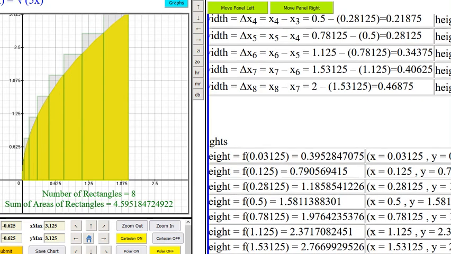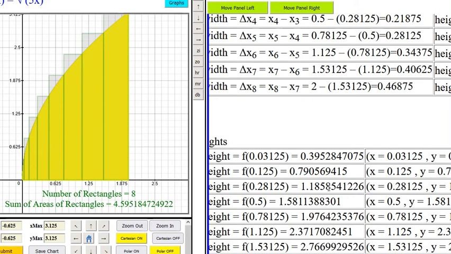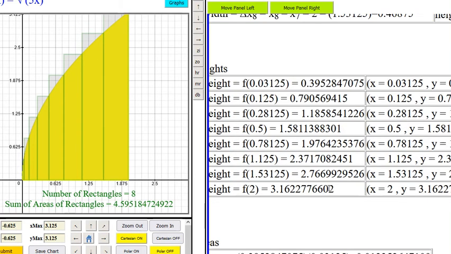And so when x is 0.28125, the height would be 1.18585, which is this number, and so on. And the heights of all 8 rectangles are found right here.